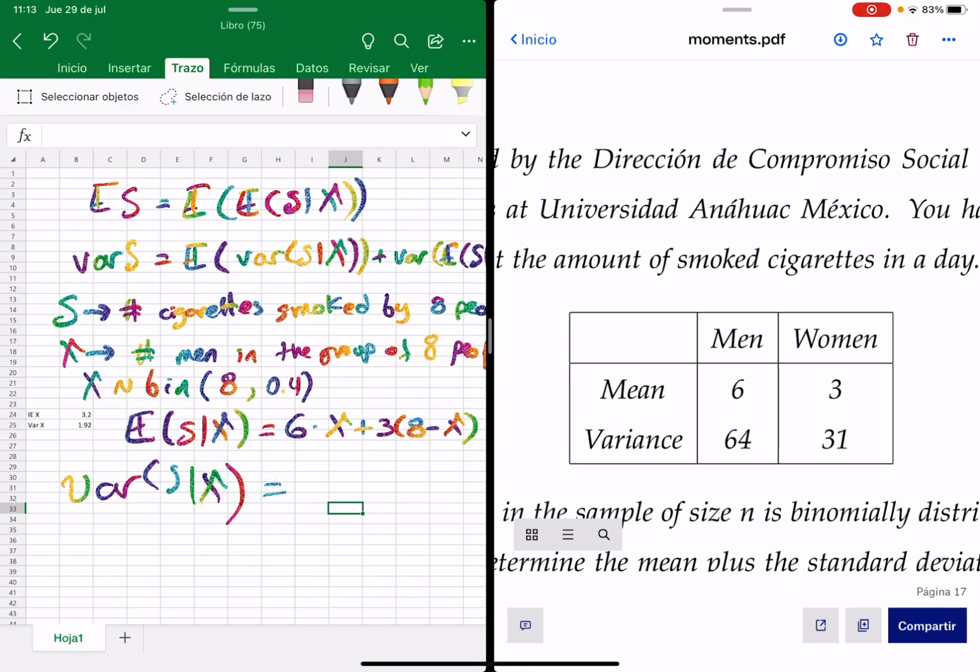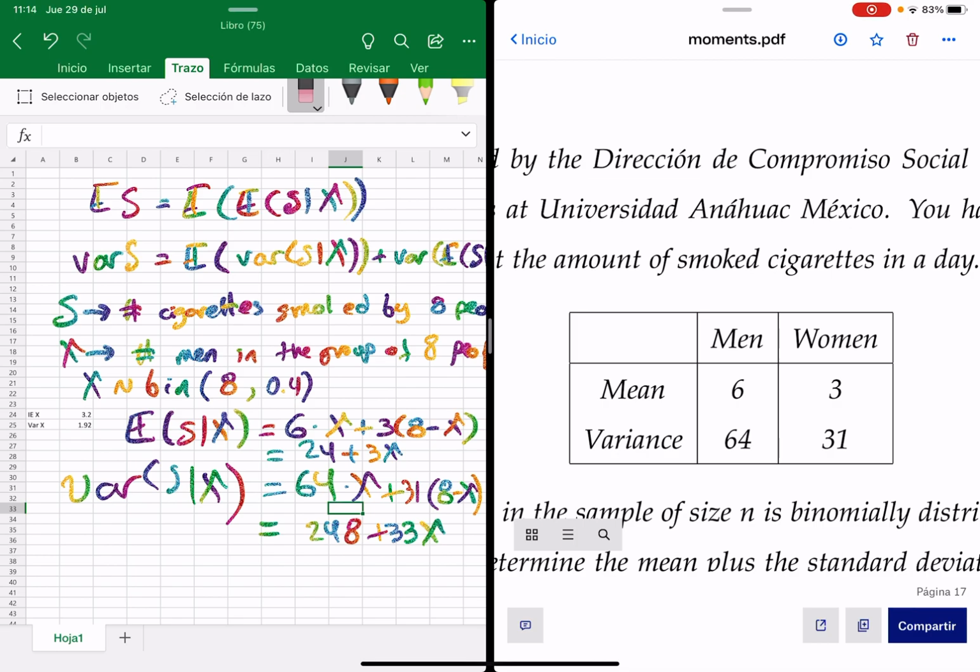Well, by using the numbers of the second row, that is 64 times X plus 31 times 8 minus X. Now, the conditional expectation, by reducing similar terms, is 24 plus 3x, and the conditional variance is 248 plus 33x.